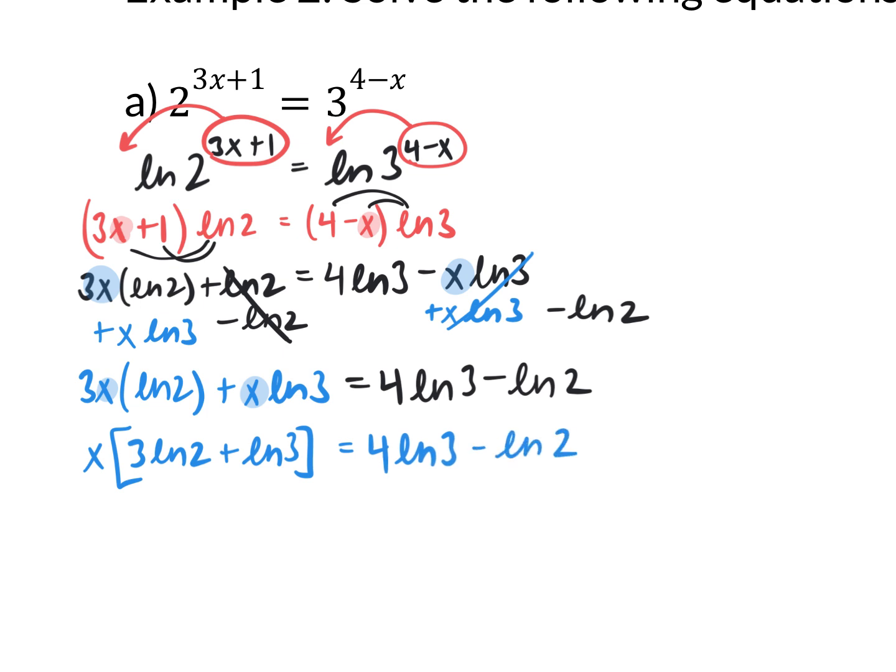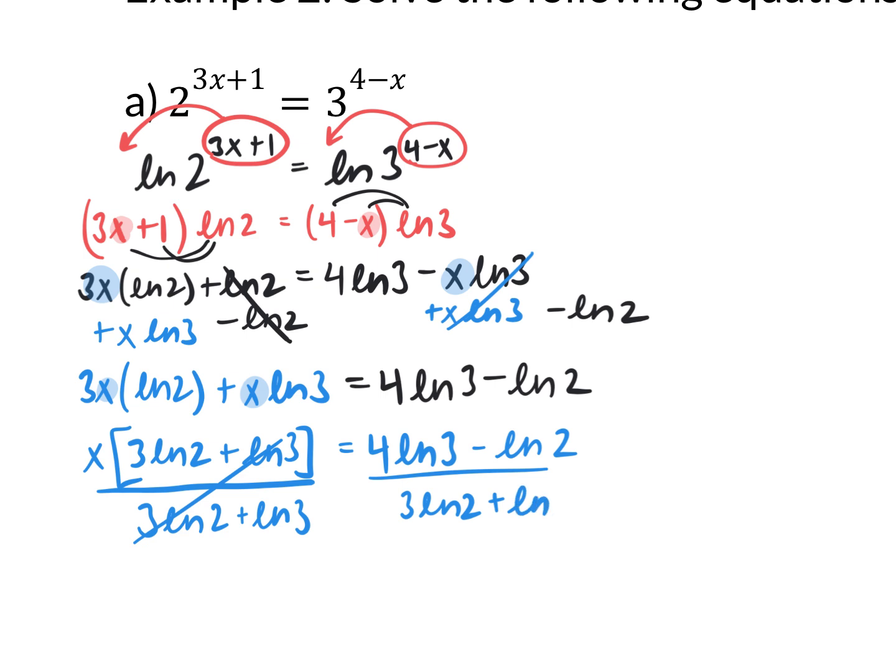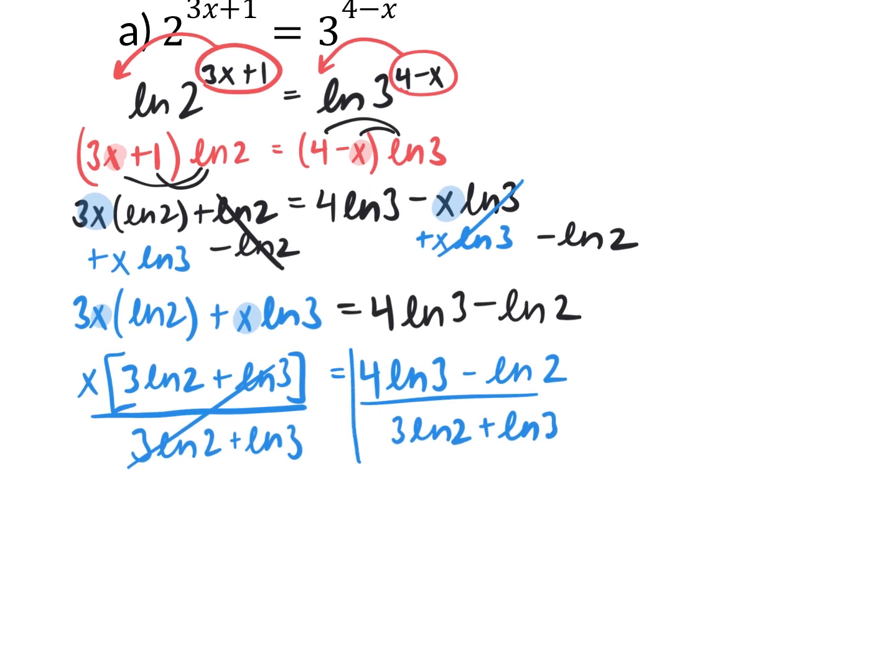And now that x is by itself here, I just need to divide by this 3 natural log of 2 plus the natural log of 3. That's just a number, so we're just dividing by this number. So this right here is our exact answer.